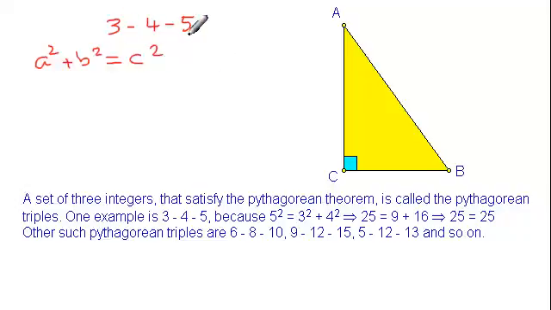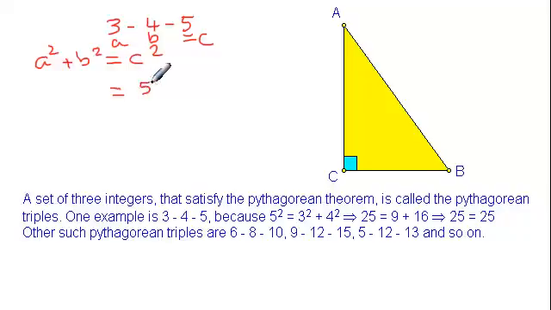Now in here, 5 being the longest side, it has to be c, and 3 and 4 can be a and b, but the 5 has to be the hypotenuse, which is the longest side. So in here I'm going to say whether 3, 4, 5 is a triple or not.